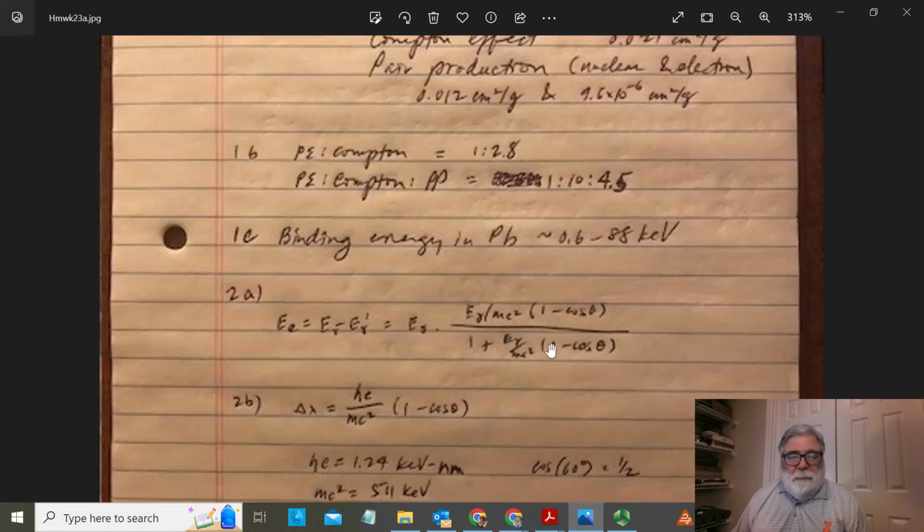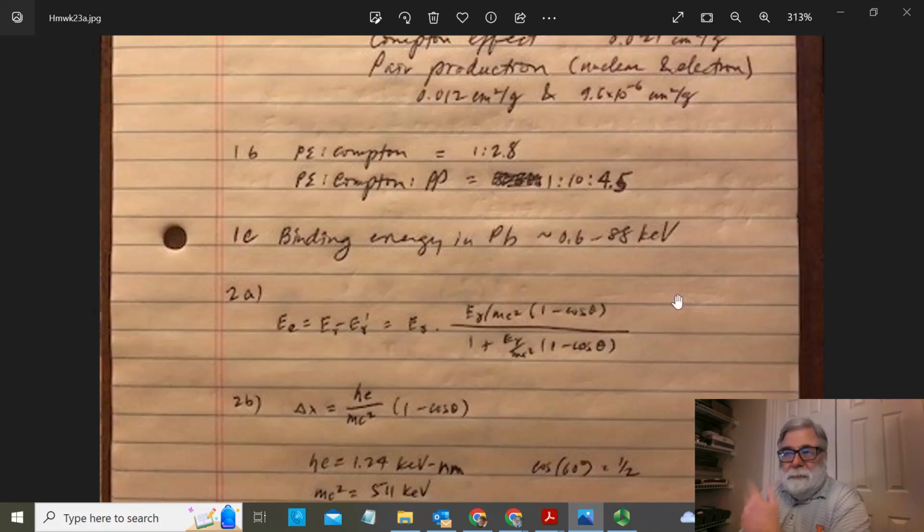It involves 1 over this, the denominator. Well, what we have is E gamma minus all this. So if you do a little bit of algebra, it's relatively straightforward. You can come up with this formula for the electron energy based on practically those two. So that's what I did.